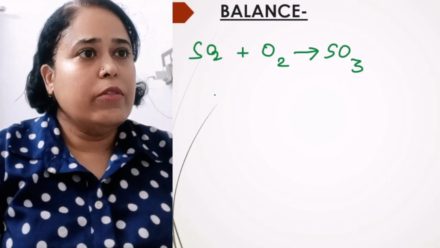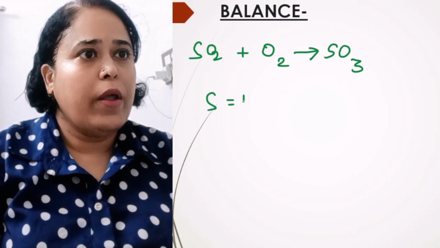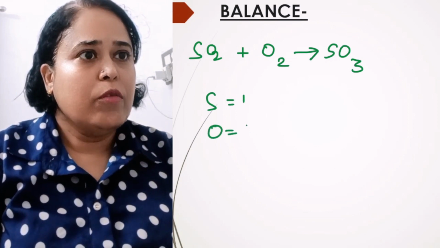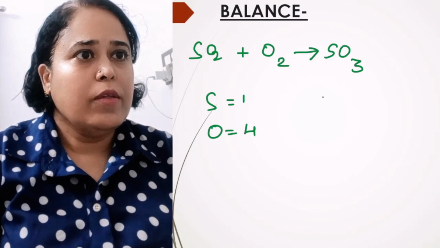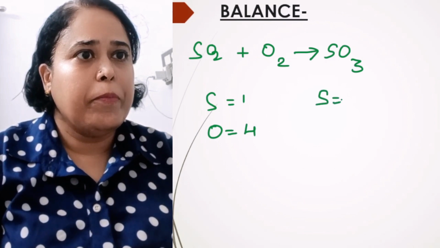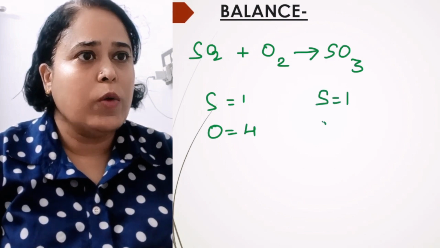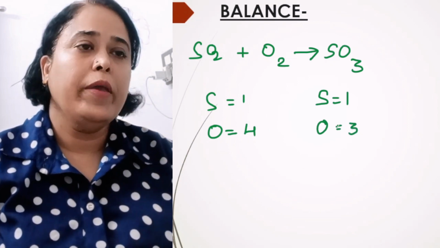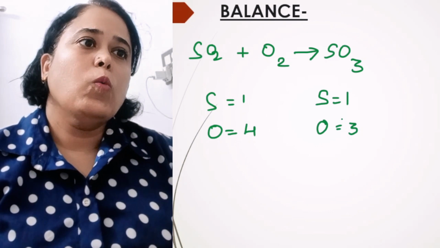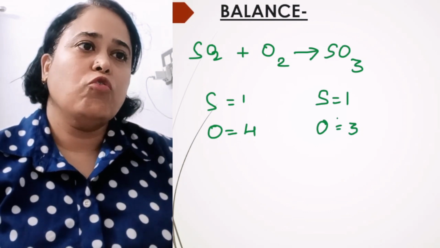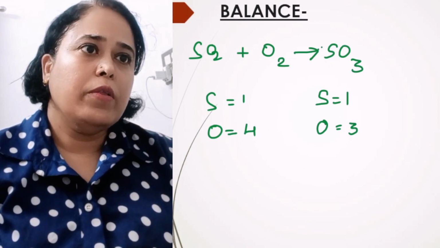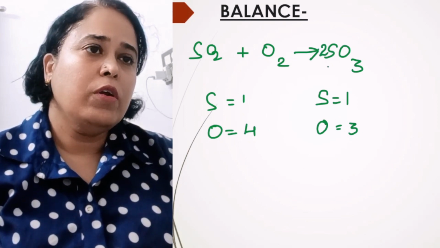So sulfur on the reactant side 1, oxygen on the reactant side 4, sulfur on the product side 1, oxygen on the product side 3. So oxygen is not balanced. So how to balance it?